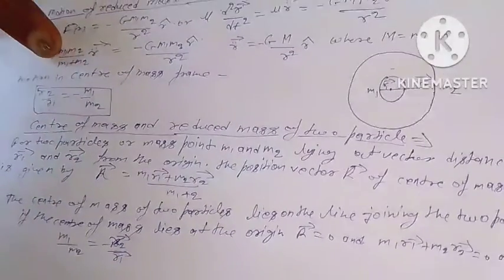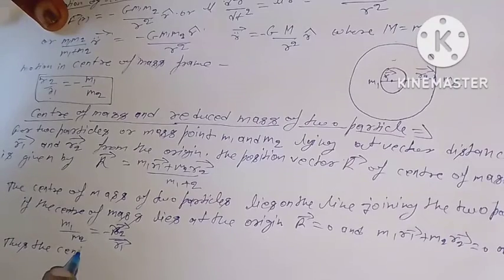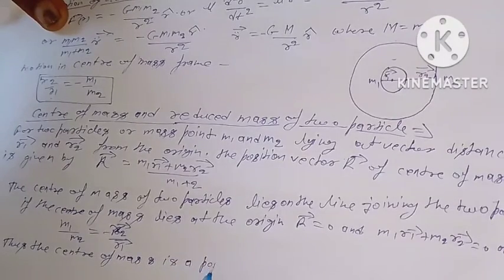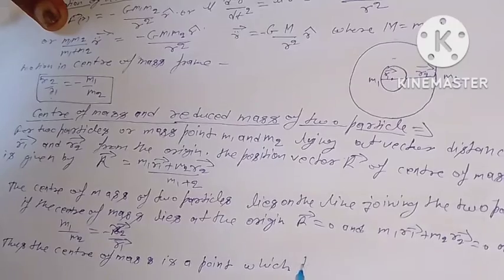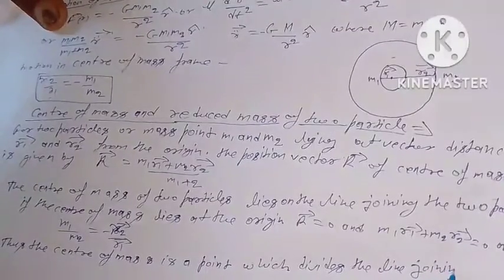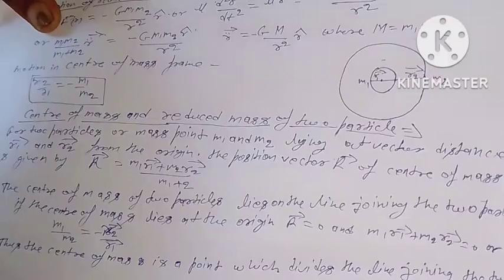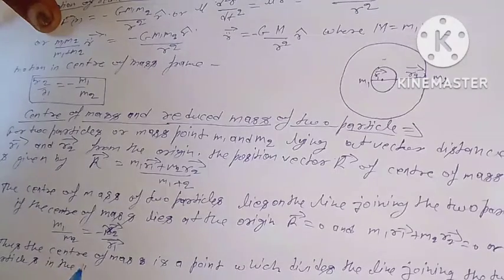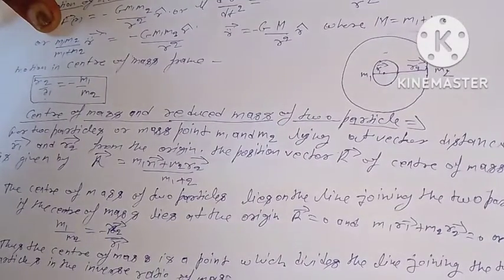Okay? Thus the center of mass is a point which divides the line joining the two particles in the inverse ratio of masses.